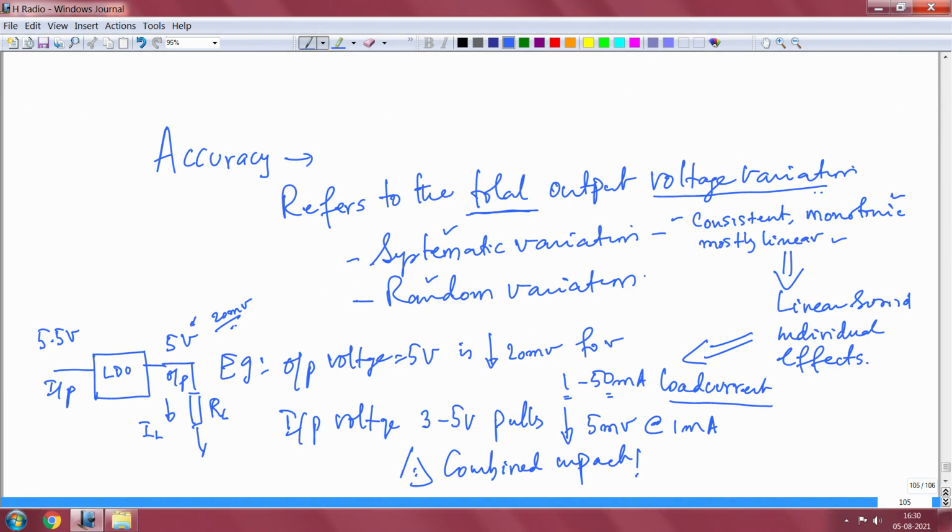Now this is on the output side. Now look at the input side. Let us say the input varies quite randomly, it somehow goes down from 5.5 to 3 and then moves to 5, it does not even go above 5, so for a very short duration it fluctuates between 3 and 5 volts.